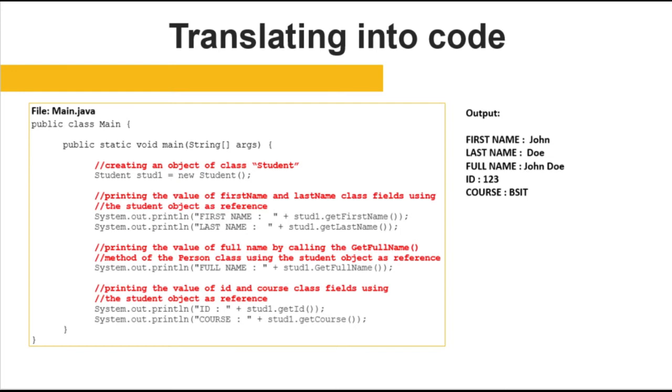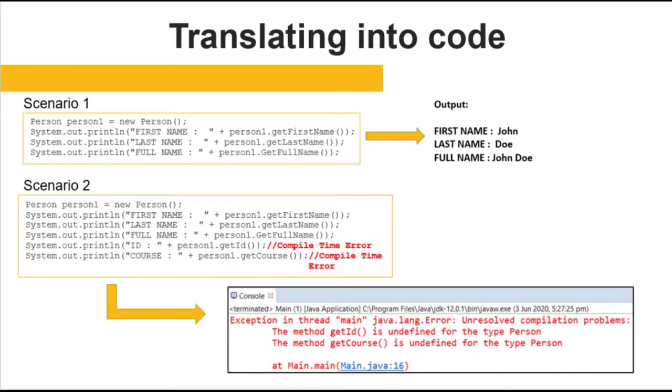Another question is, is it possible to make objects of the person class? Consider scenario 1. The given code is acceptable since we only access getters and method of the person class, which is the class we use to make an object. What will happen if we try to access the getters of the student class using the person object?